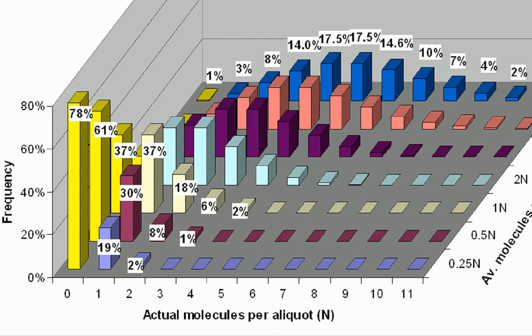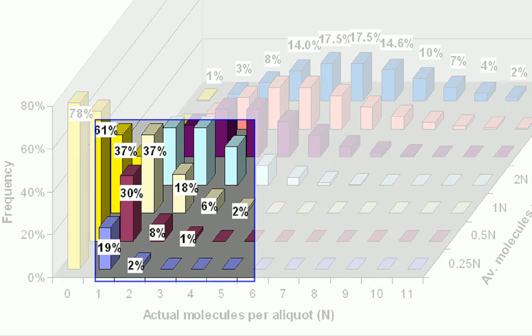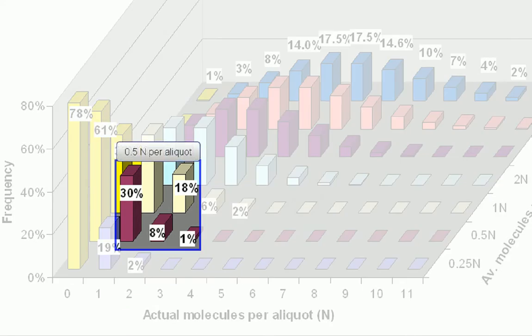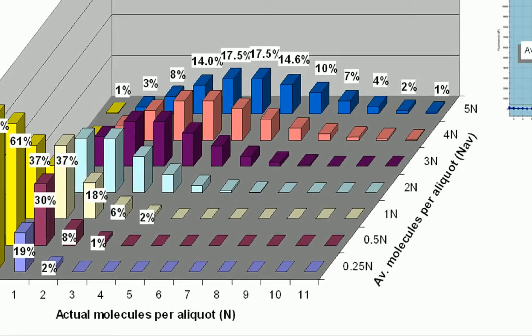Second is the prediction that aliquots that do contain target molecules become progressively restricted in the number of molecules they contain as the target concentration decreases. For example, at a concentration of 0.5 molecules per aliquot, the vast majority of aliquots that do produce a profile will contain a single target molecule, with a small minority of aliquots containing 2 molecules.